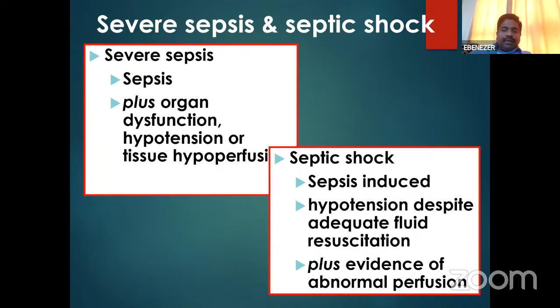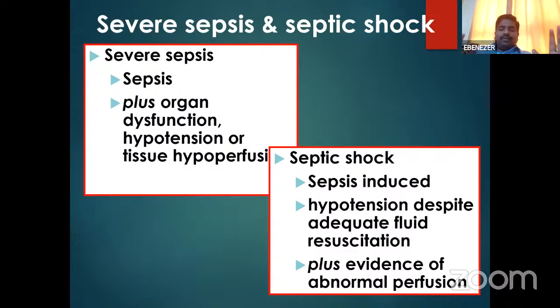So severe sepsis is sepsis, as I told you, SIRS plus infection, plus organ dysfunction, hypotension or tissue hypoperfusion. And in septic shock, there will be evidence of abnormal perfusion and hypotension despite adequate fluid resuscitation. So you have given adequate fluids, and in spite of that, if the patient is hypotensive, the terminology of septic shock comes.